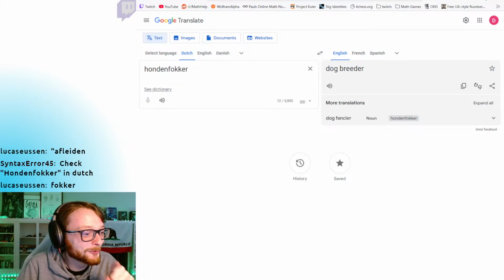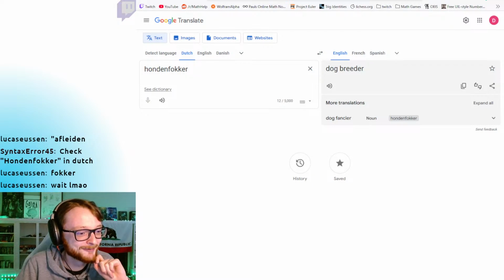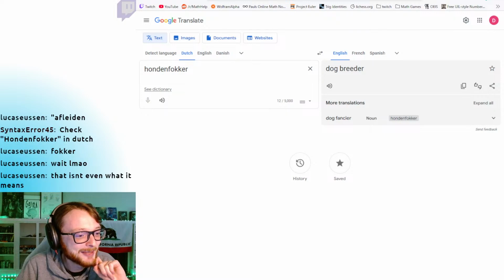I assume Google Translate is giving the nice version. I assume that fucker means fucker. Oh my god, those emotes are terrible, skeleton. You learned something new.